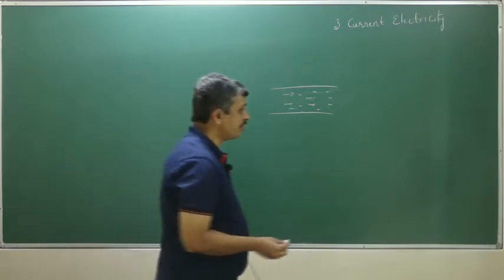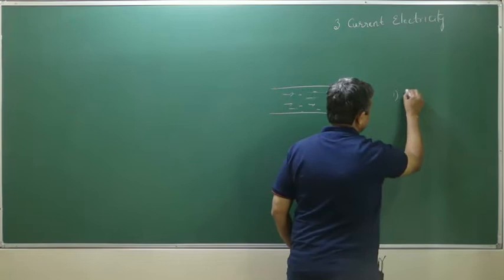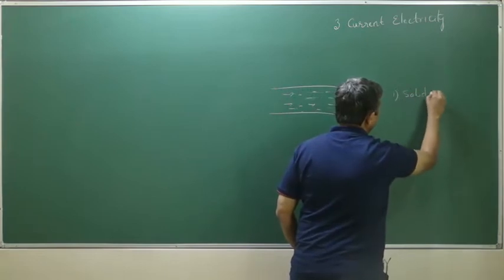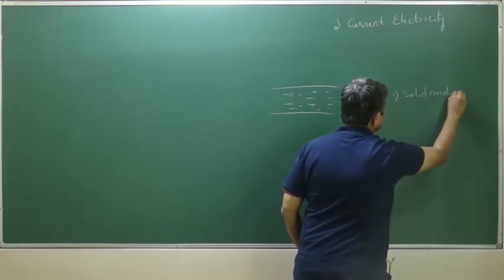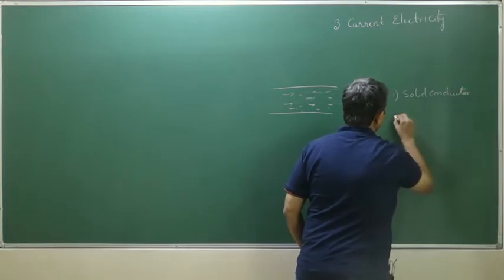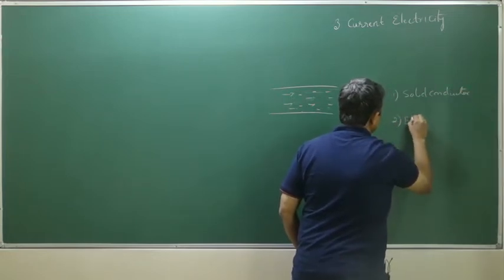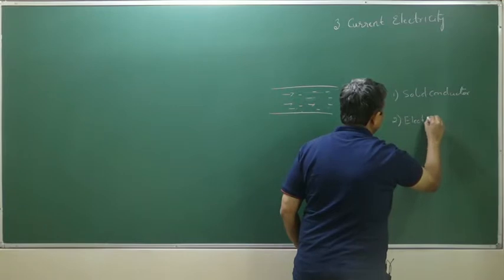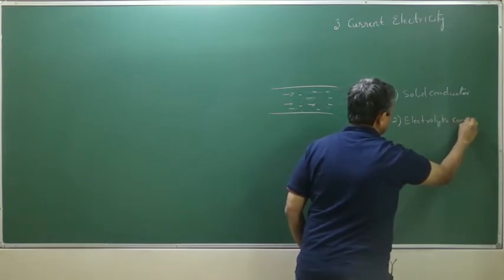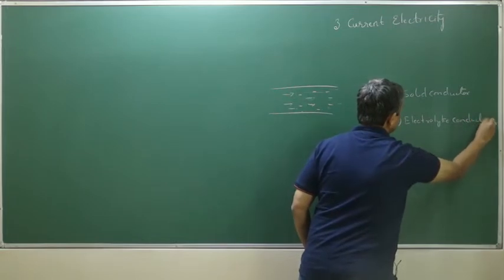So we have things like solid conductors, and we also have electrolytes. So electrolytes are not solid, they are actually in a liquid, electrolytic conductor. So there are two kinds of conductors we have.